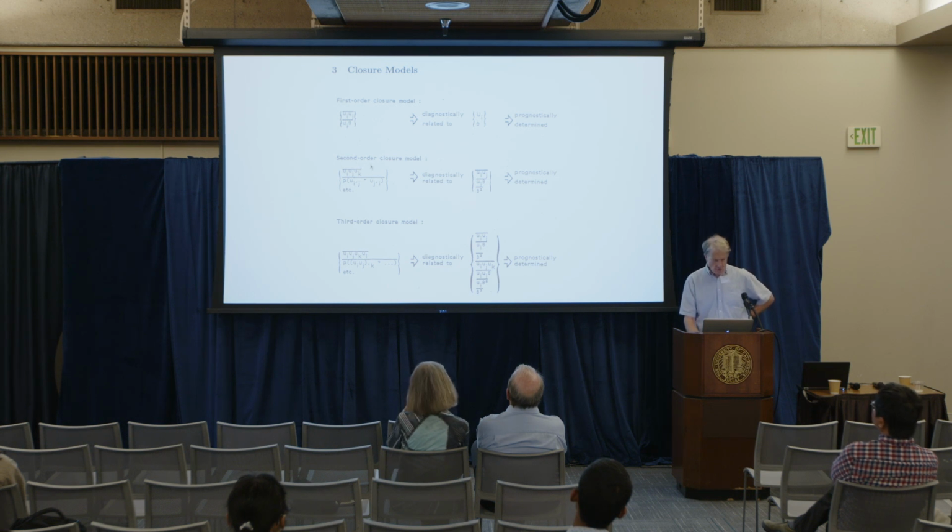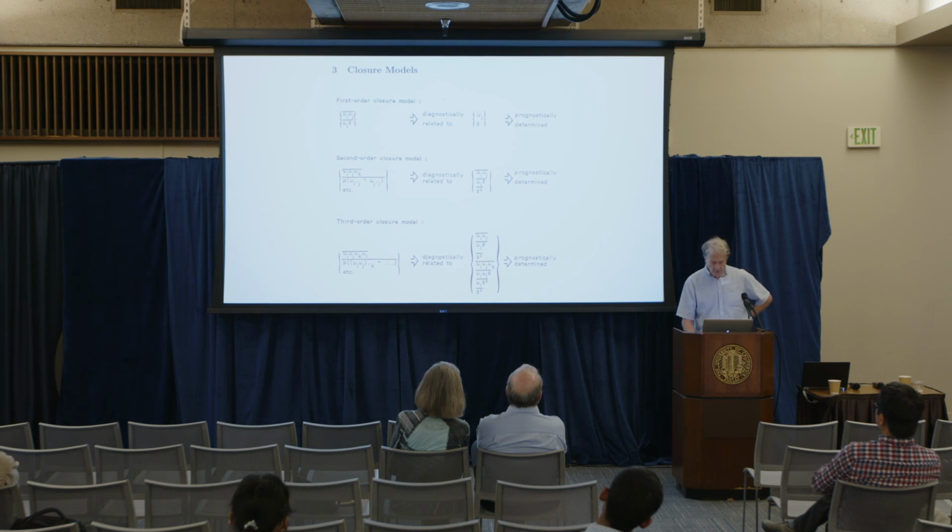A second order or second moment closure model takes third moments, diagnostically relates them to second moments, which have their own prognostic equations. And you get the idea. Third moment then takes the fourth moments, relates them to third moments or second moments. And so this is what we did.